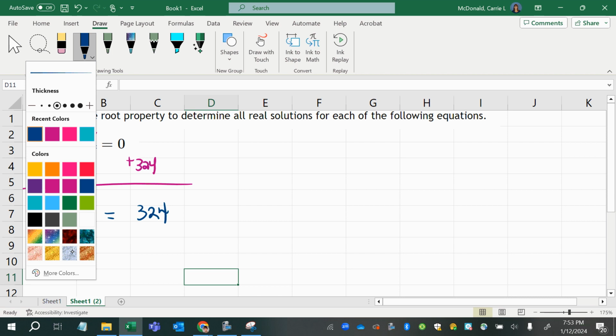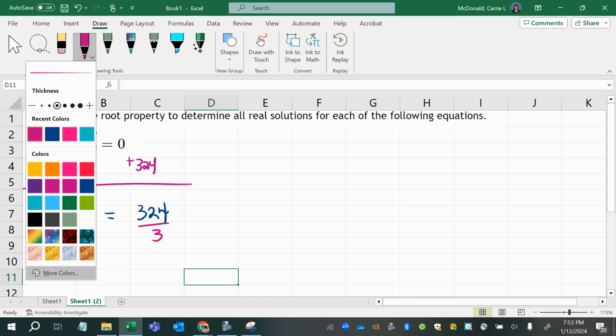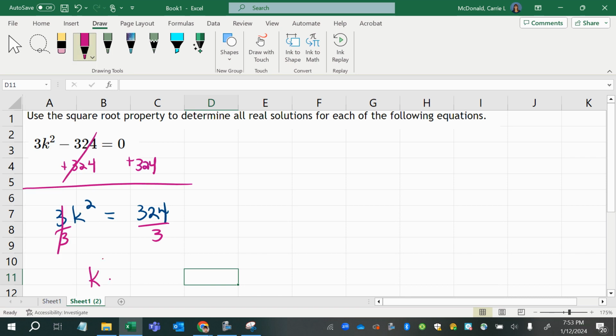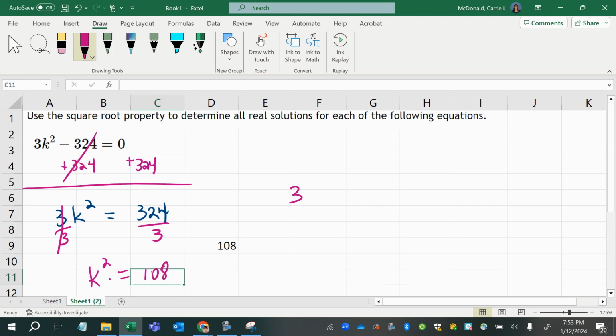Then we're going to divide by 3 to get k squared alone. So then we have k squared is equal to, what is 324 divided by 3? Actually, I'm just going to do it right here. 324 divided by 3. 108. Okay. So we have 108 on the right.